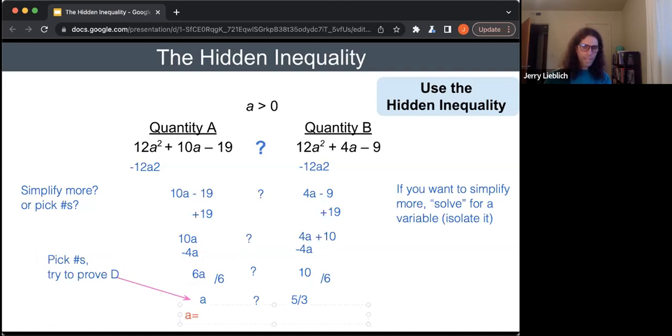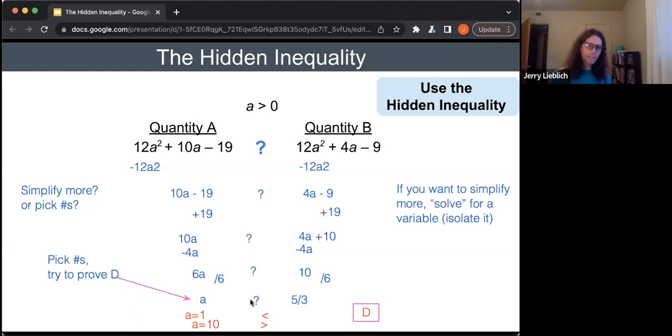So I'm going to say a equals 1, which would be less than 5/3, or a equals 10, which is greater than 5/3. And I've proven the answer is D. So I went from a problem where it was very difficult to plug in numbers to a problem where it was so easy to plug in numbers I barely have to break a sweat.